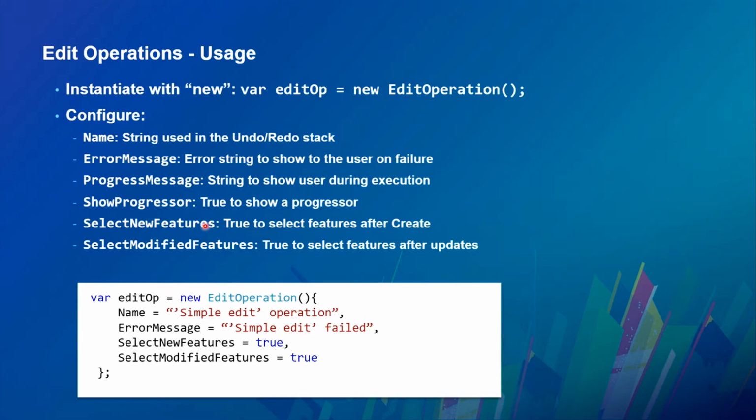Select new features: if you want to select new features at the end of the edit operation that you create, these are set to true by default, the select modified and select new. So you normally don't have to set those. You really only set them if you want them to be false. So perhaps I don't want to select the features at the end of this edit operation. And down the bottom here is a sample snippet of code showing how easy it is to create. In this case, it's actually done in the constructor, so it's just setting the property name there.